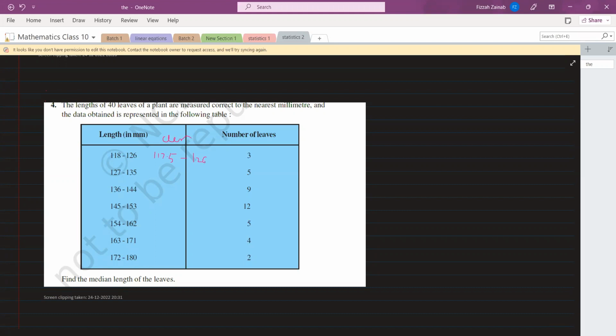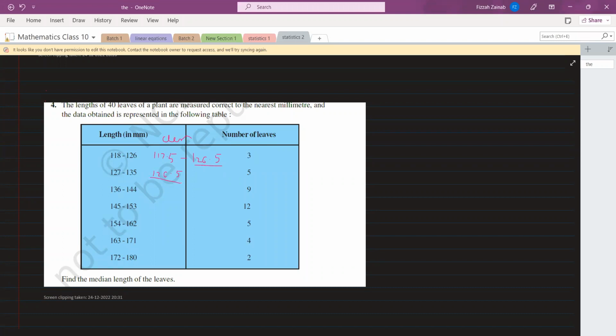Similarly, in the next class, when you subtract 0.5 from 127, it will become 126.5, isn't it? So you can see now you have 126.5 and then again 126.5.